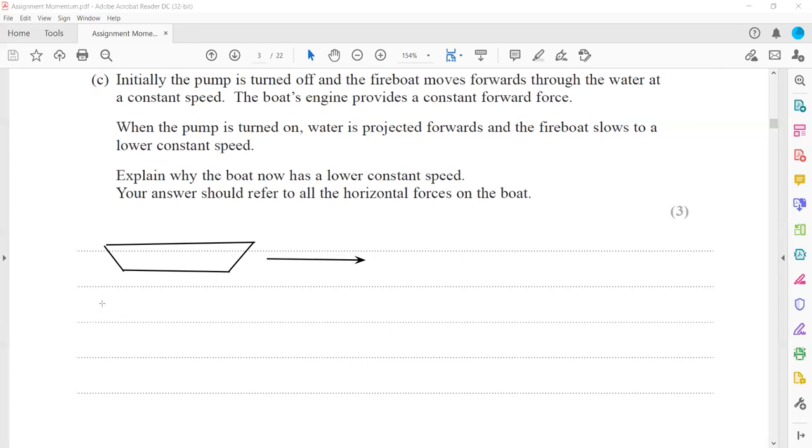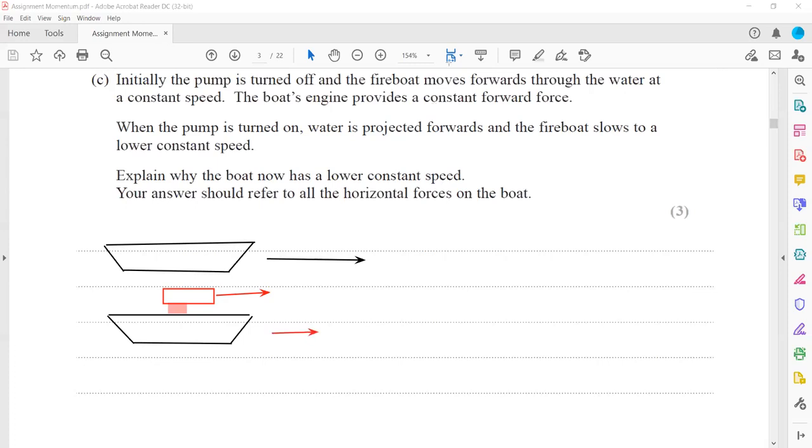Then what they mentioned, when the pump is turned on, the moment we turn on the pump, the water is projected forward, the water is coming out from the pump. As a result, what we observe is, the pump is turned on, water is projected, and the fireboat slows down to a lower constant speed.